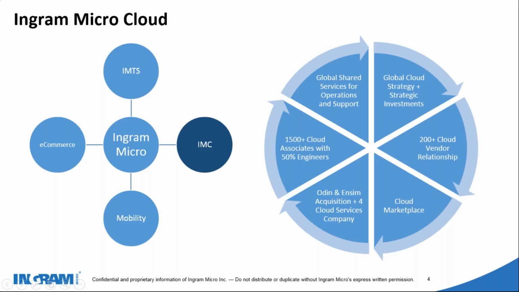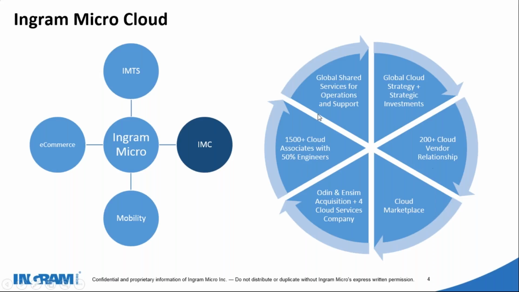And that's a global business unit. And then IMC is the Ingram Micro Cloud, which is also a global business unit, right from HQ to each country where we operate. And we have 2 other business units. So this entire enablement series around cloud is all part of Ingram Micro Cloud.